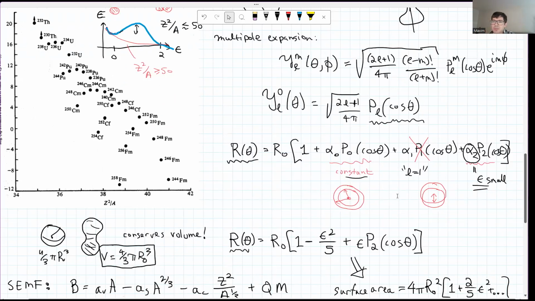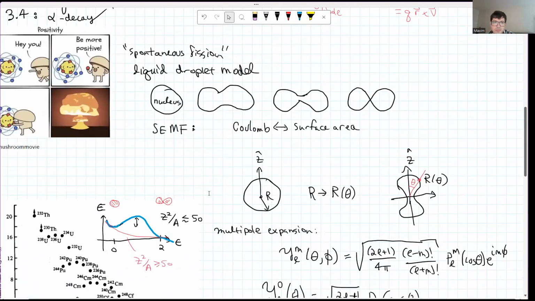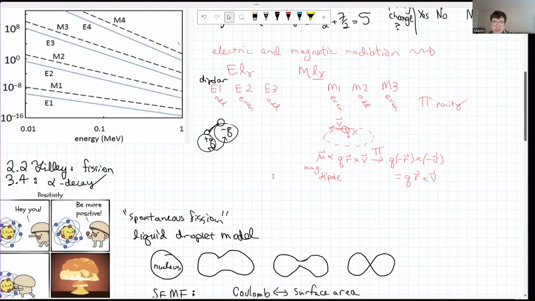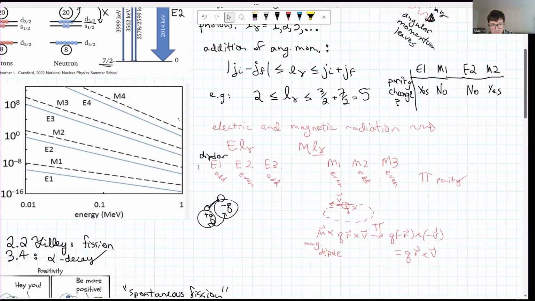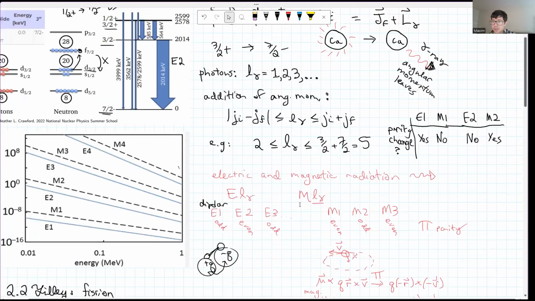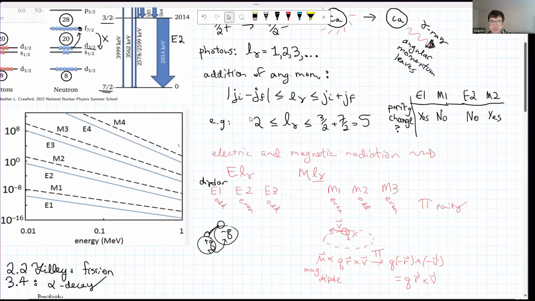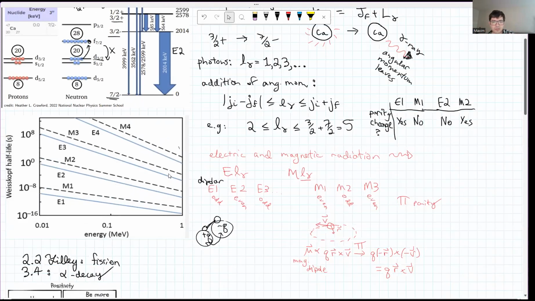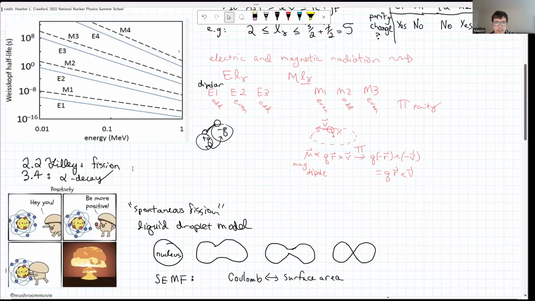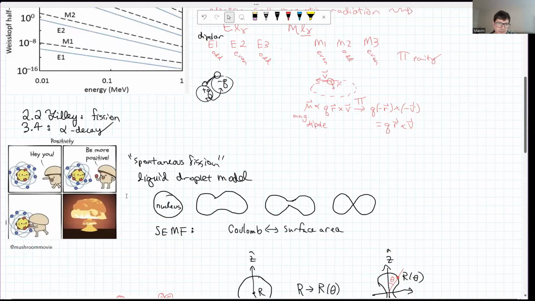It's a theme that comes up over and over again for various things, including fission and gamma radiation, where essentially we're expanding the gamma radiation order by order in the angular momentum, and that's mathematically the same as expanding in spherical harmonics for different values of L. So hopefully you see this math appear over and over again, but in very different contexts.